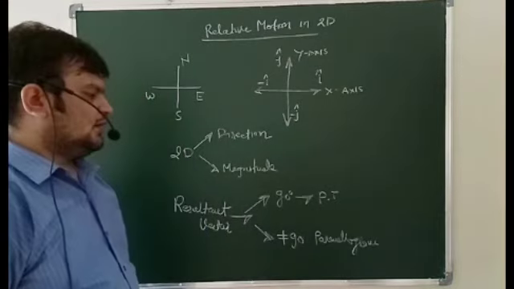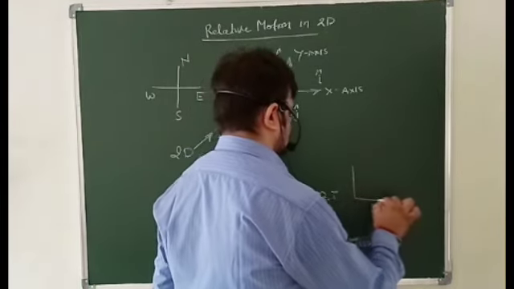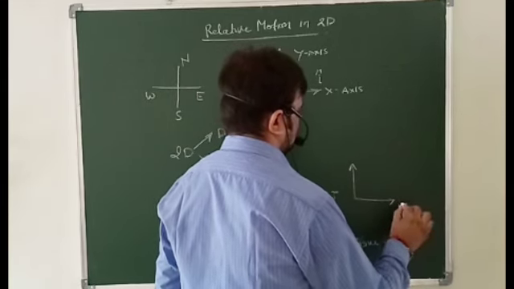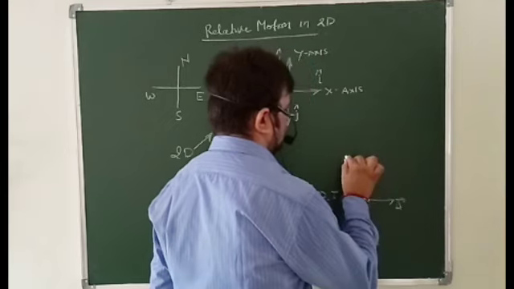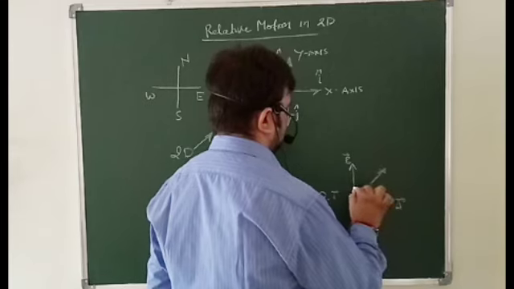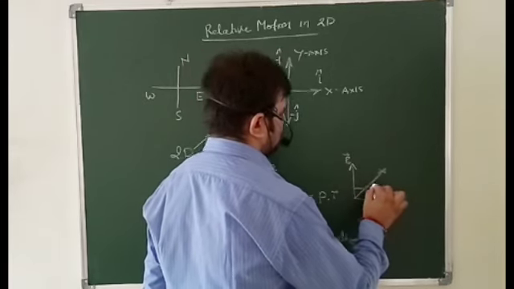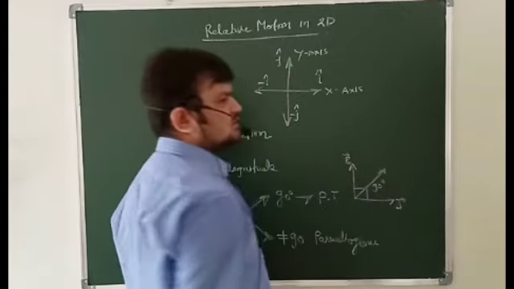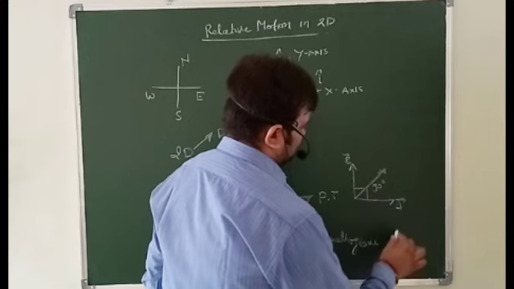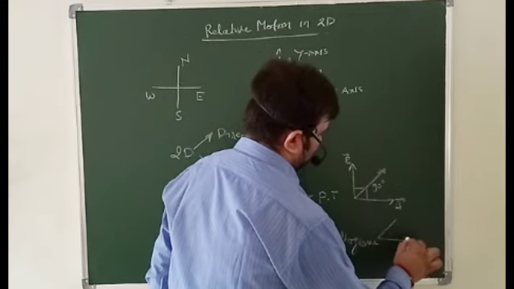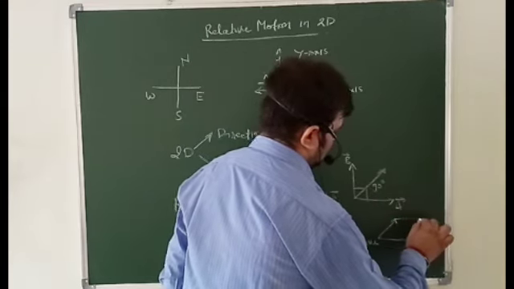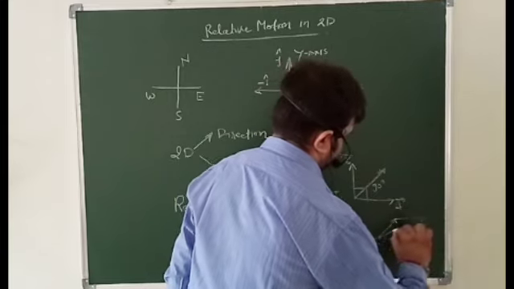That means if the vectors are A and B, then the resultant of A and B is found from Pythagoras theorem, because the angle between both the vectors is 90 degrees. If the angle is not 90, then we find the resultant with the law of parallelogram.